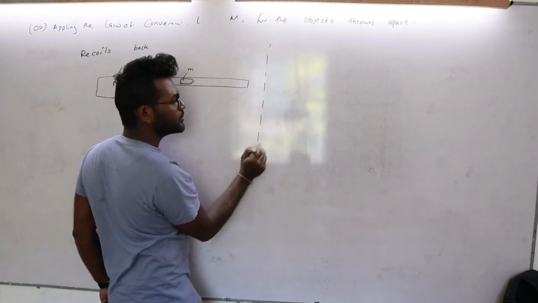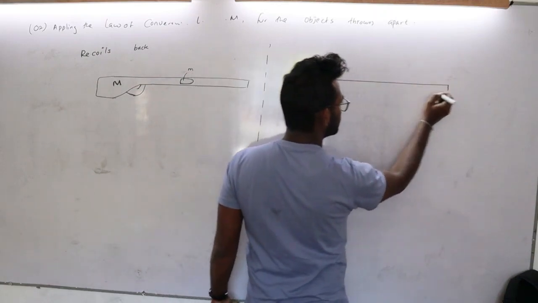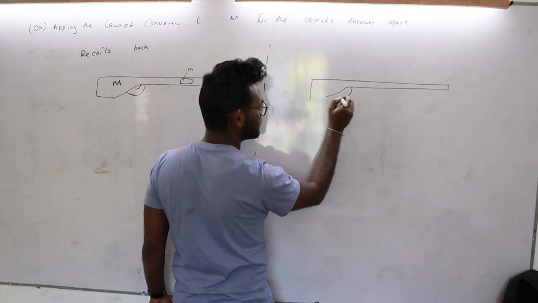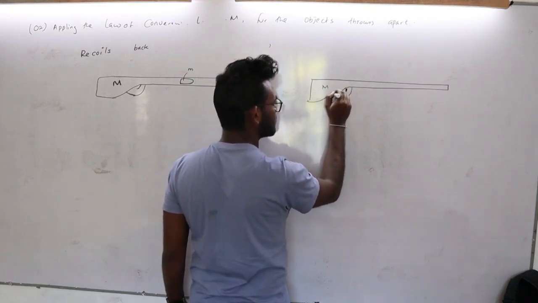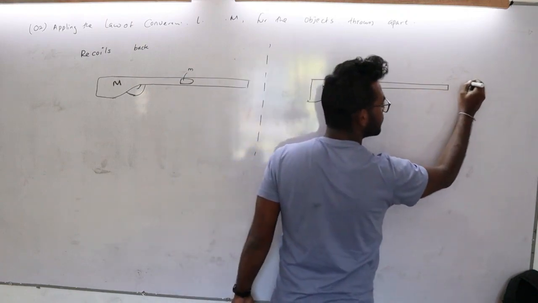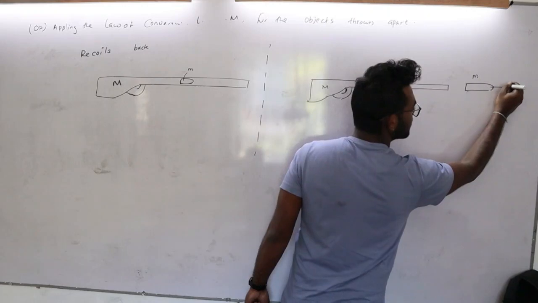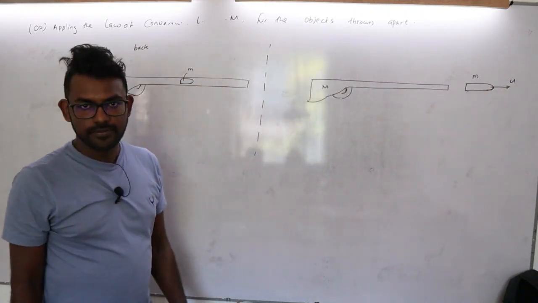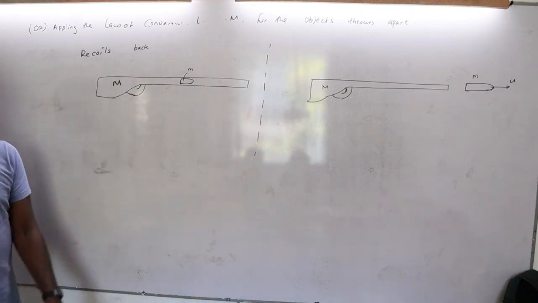Once it is being shot, what's going to happen? The bullet should move forward with a certain velocity, right?